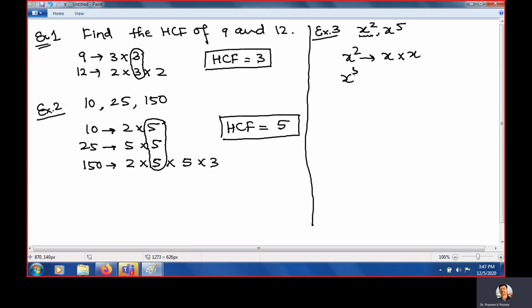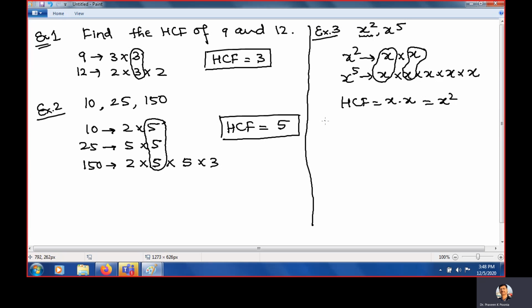And x power 5 can be written as x times x times x times x times x. If you take the common x here and the common x here, the HCF is the multiplication of these two, x times x, which is x power 2.